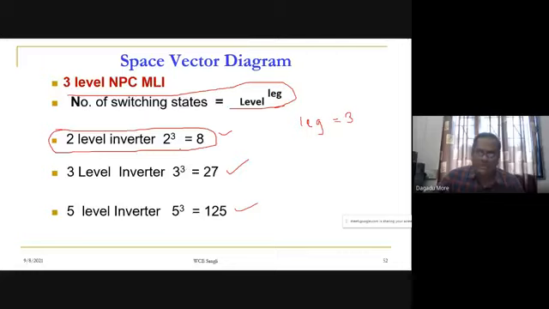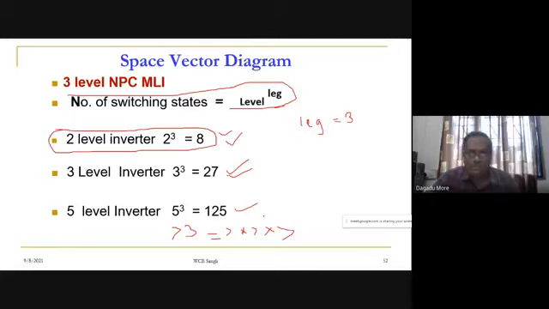So legs are 3, so 2 raised to 3. For a 2-level inverter, we are having 8 switching states. 3-level inverter, 3 raised to 3, 27. 5-level inverter, 5 raised to 3. Similarly, we can go for 7-level, 7 raised to 3. So you can find out 7 multiplied by 7 and so on, how many states we are having. So this will be the number of switching states for higher levels.